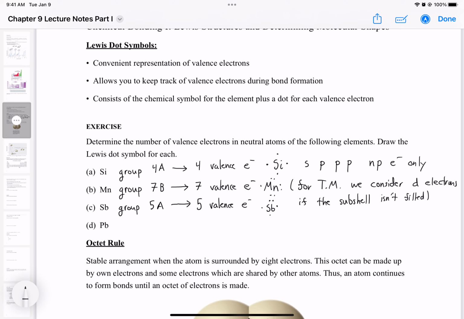How about lead? Pb is lead, based on the old name for this element. It's in group 4A, and since it's in the same group as silicon, it has 4 valence electrons as well.